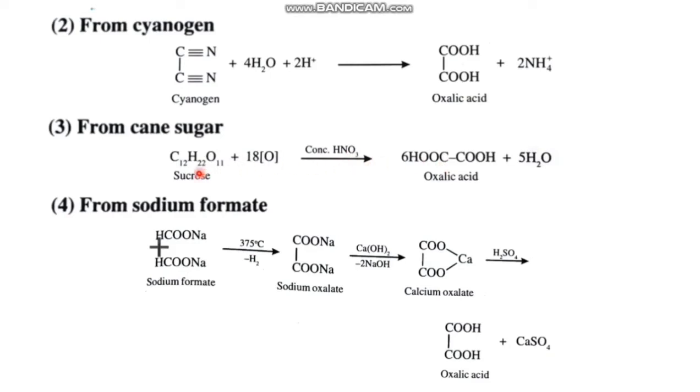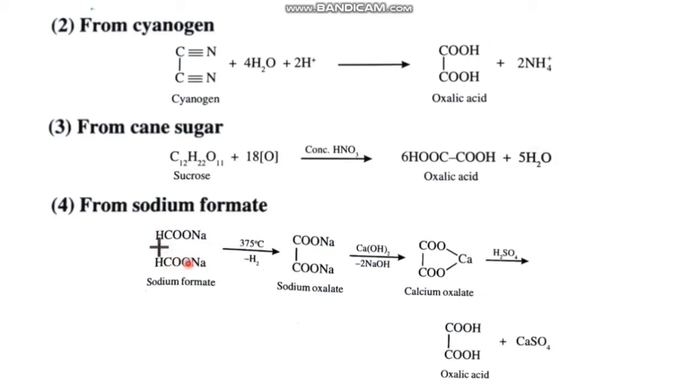So oxalic acid can be prepared by the oxidation of sucrose with concentrated nitric acid in the presence of vanadium pentoxide as the catalyst.